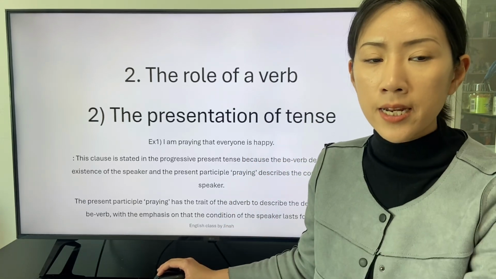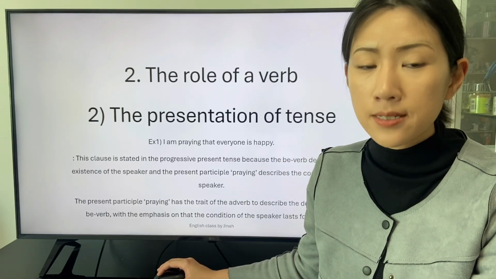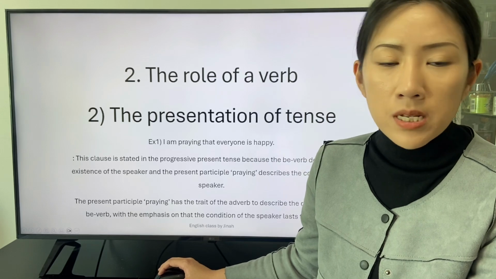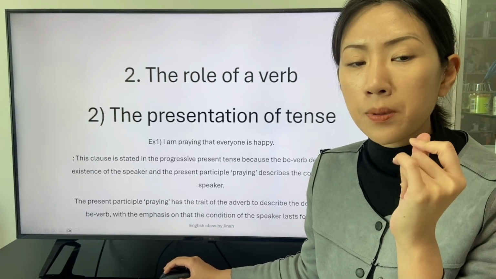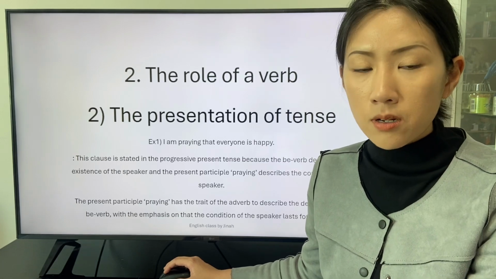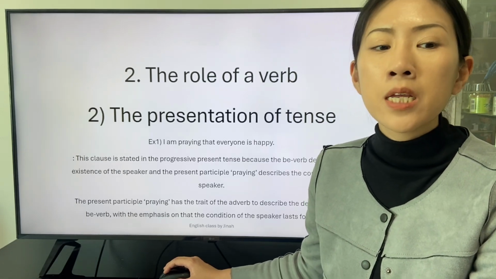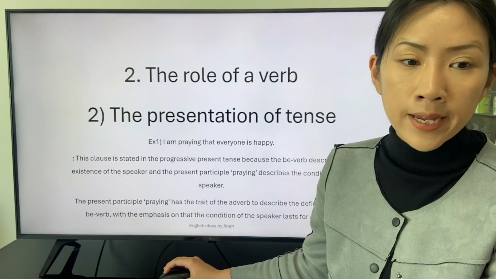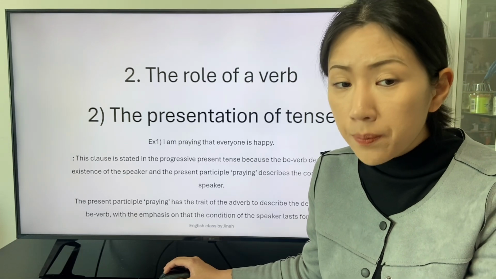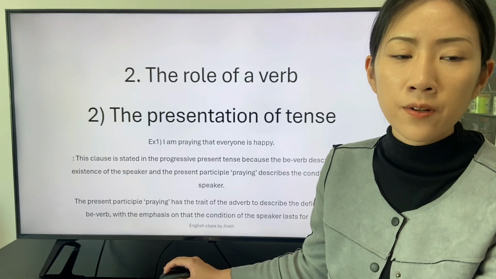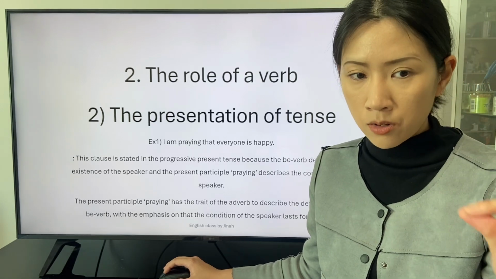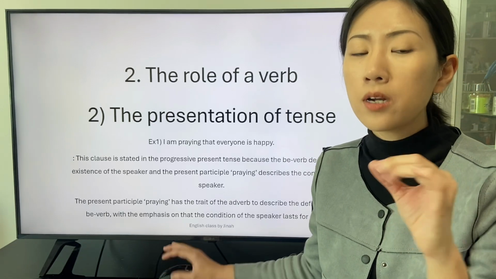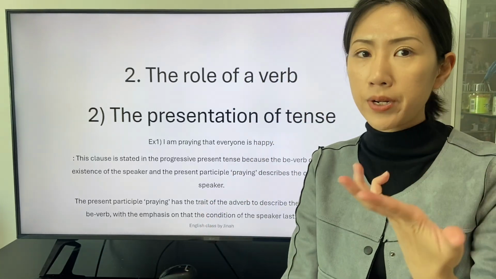This clause is stated in the progressive present tense because the be-verb describes the existence of the speaker and the present participle praying describes the condition of the speaker. The present participle praying has the trait of the adverb to describe the definition of the be-verb, with the emphasis on that the condition of the speaker lasts for a period.